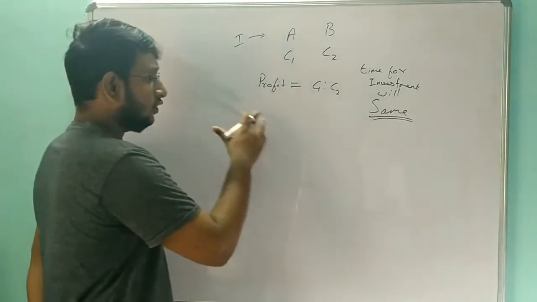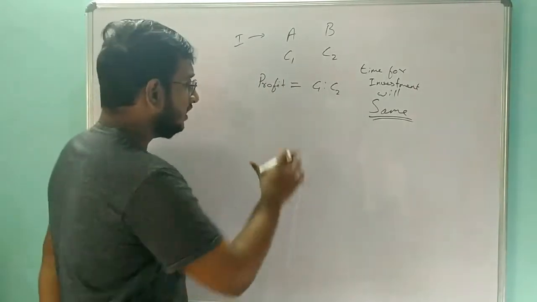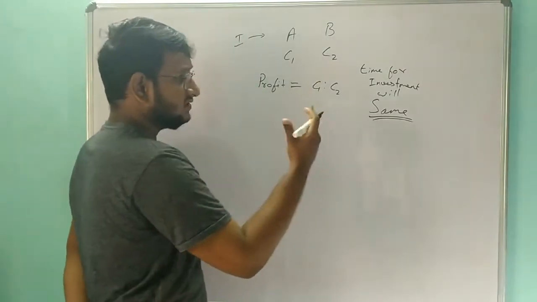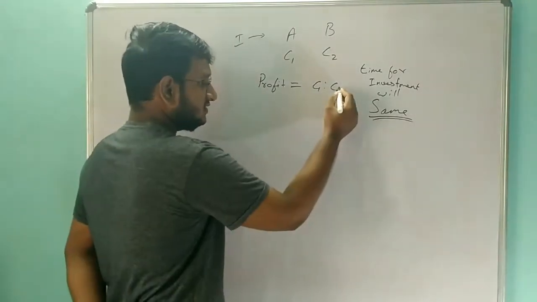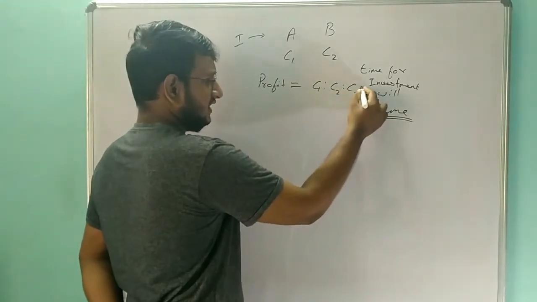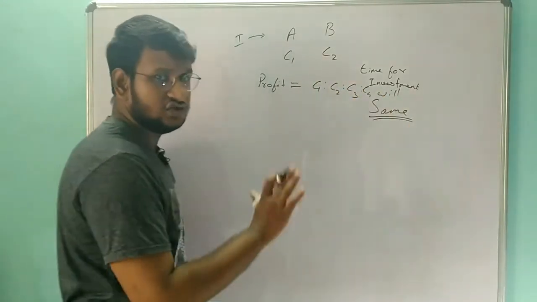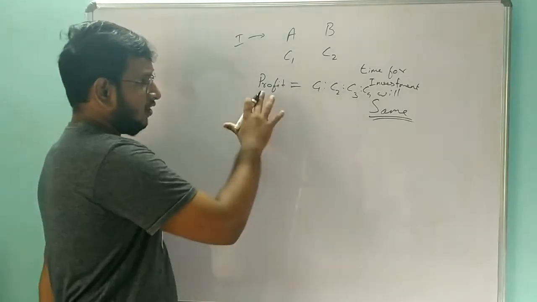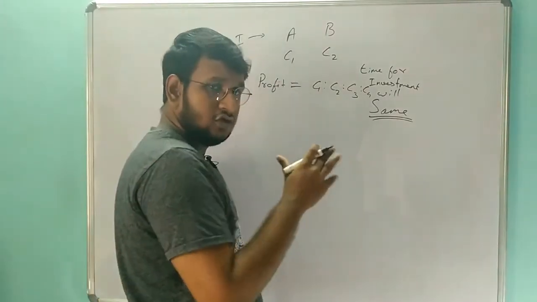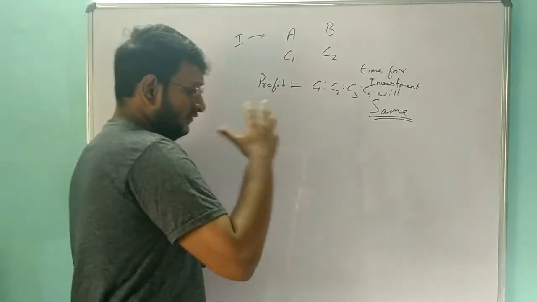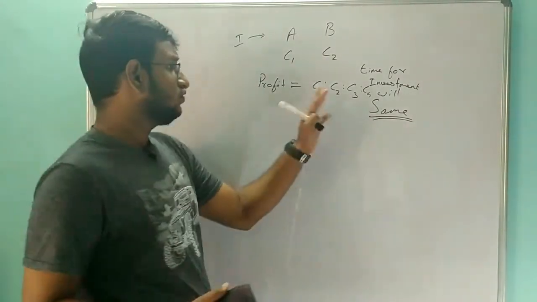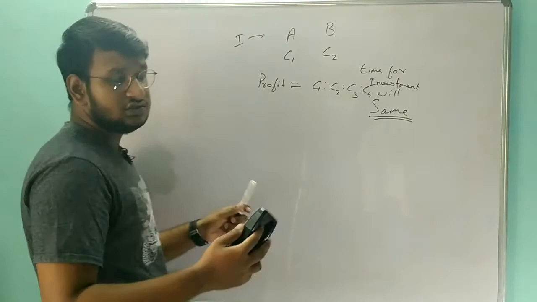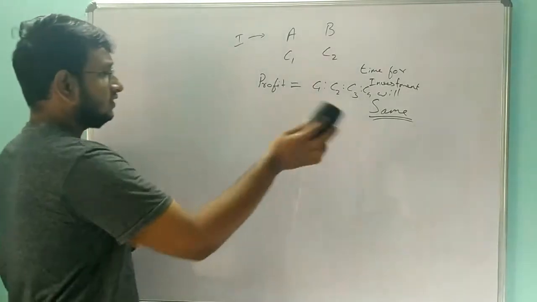So in that scenario, in order to find the ratio of profit, we will use the formula C1 is to C2. If it is three stakeholders, then we will use C1 is to C2 is to C3, and it goes on like this. So this is the concept in case of the first scenario: if the investment period is the same and the investment amount is different, we use this formula.